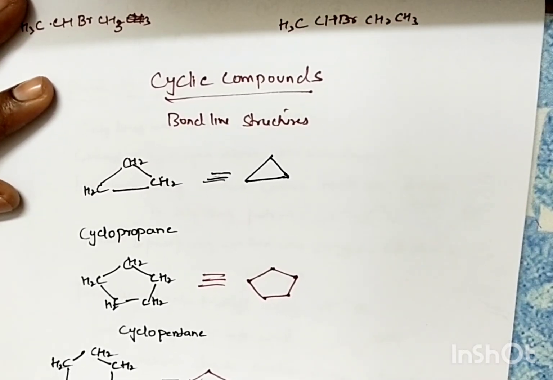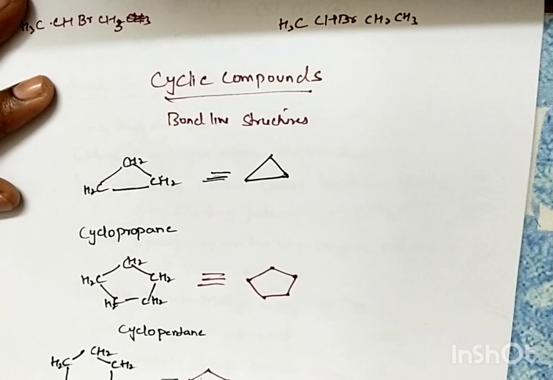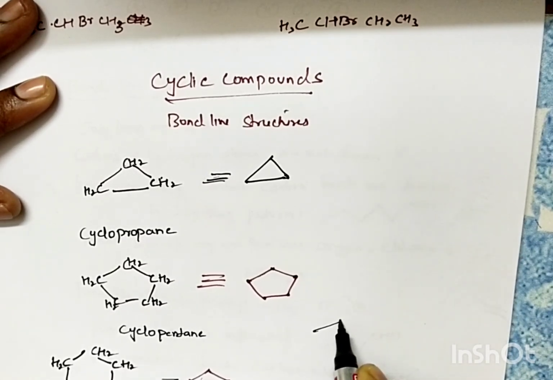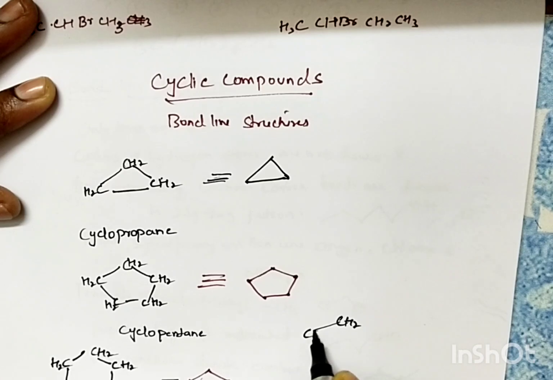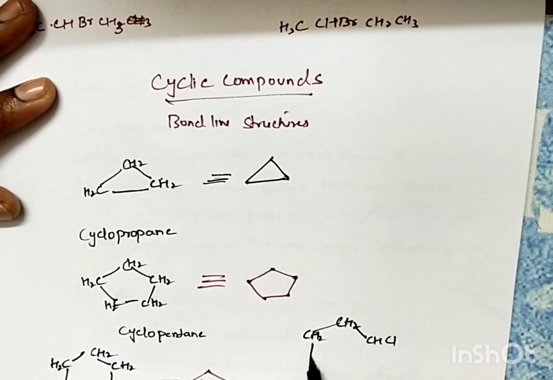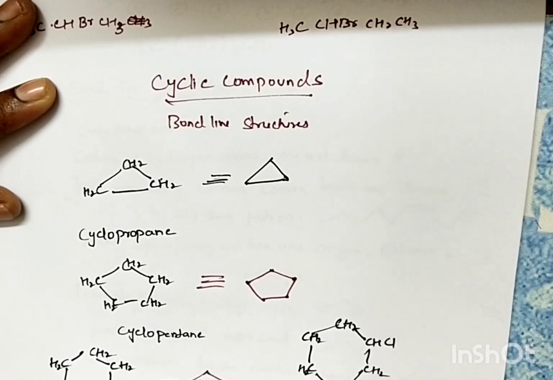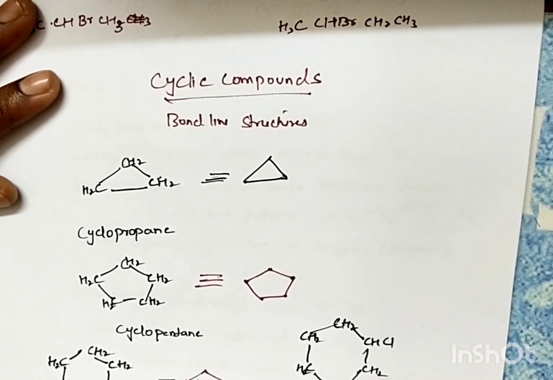Cyclohexane. Let us assume that there is a chloro group. CH2, CH2. Here we have CH. Here there is a chlorine present on this carbon, and then CH2, CH2, and then CH2. As usual, this is cyclohexane.